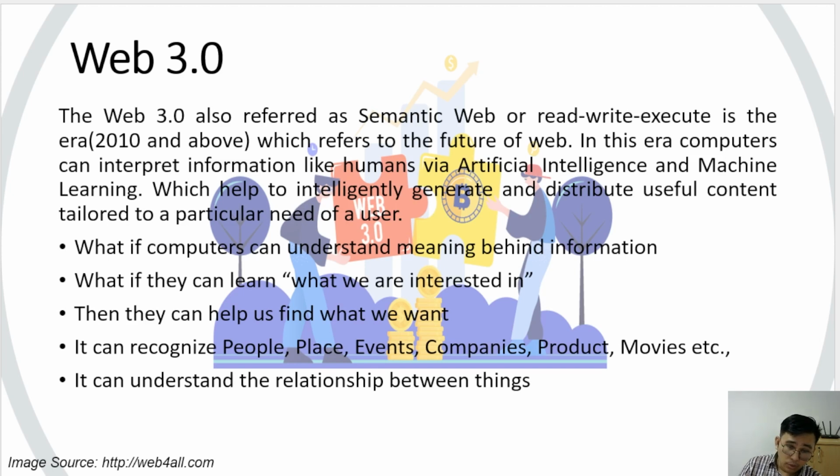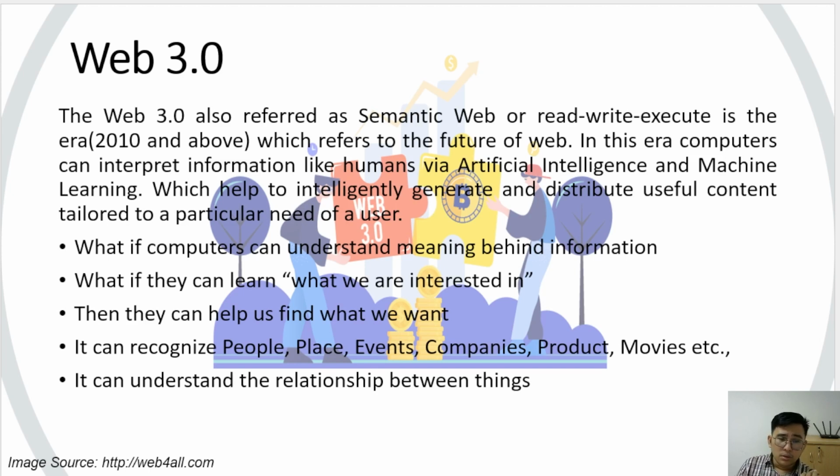So Web 3.0 is technology where computers can understand the meaning behind information and learn hidden information as well. What if they can learn what we are interested in, so they can produce an offer or a product for us, or help us do what we wanted by simply giving keywords, not even a complete sentence.